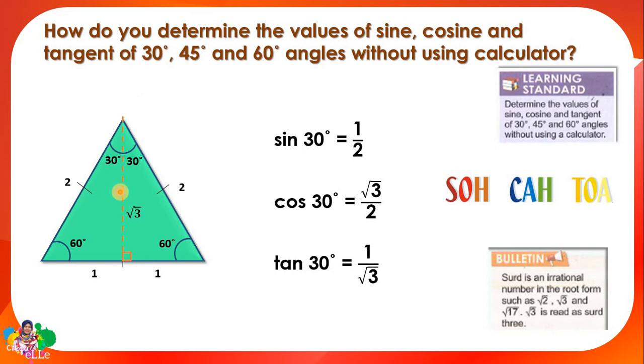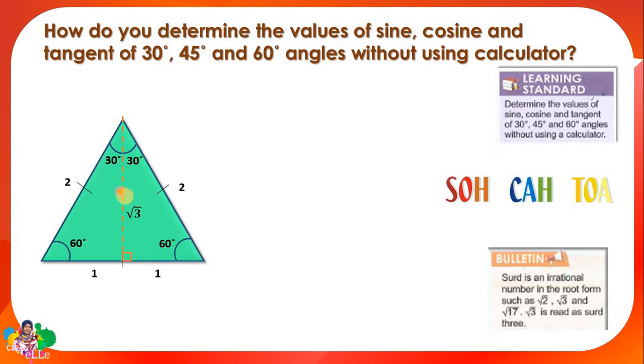Now, can you find the trigonometric ratios for 60 degrees? By using the same triangle, you refer to this angle to find the trigonometric ratios for 60 degrees. Sine 60 is opposite over hypotenuse, so square root 3 over 2. Cos 60 is adjacent over hypotenuse, 1 over 2.